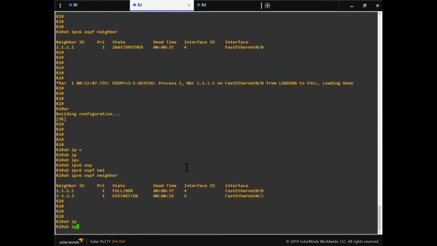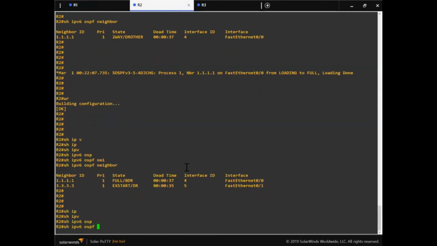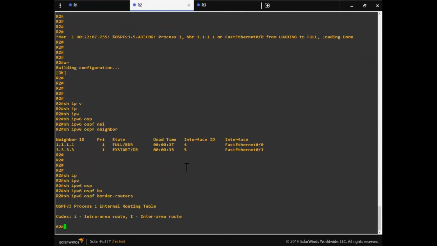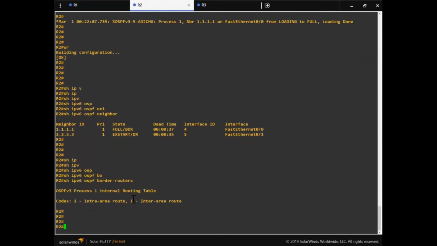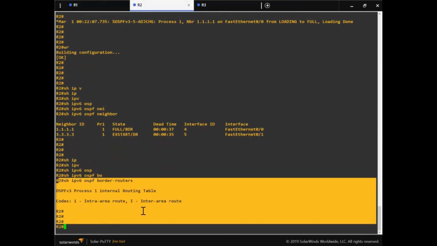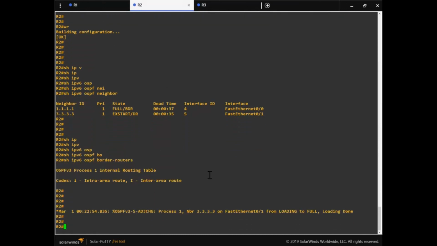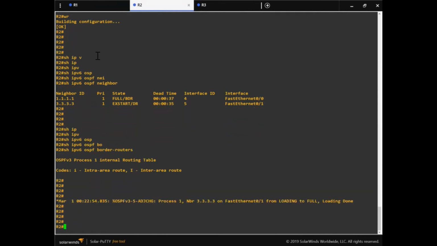So show IPv6 OSPF border router. Again, you can see everything will be the same, and the neighborship is up with 3.3.3.3 also.